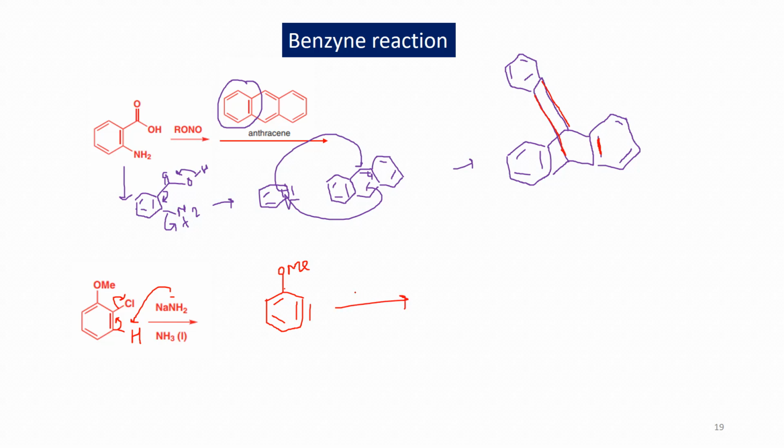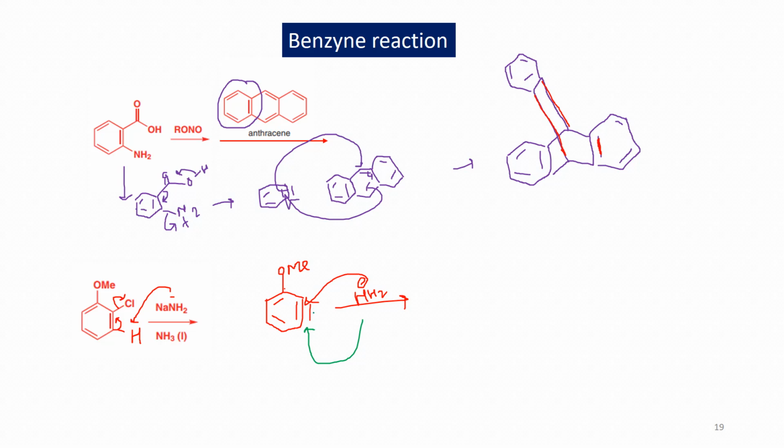There is already a nucleophile present in the system. So this nucleophile can attack from this place or this place.